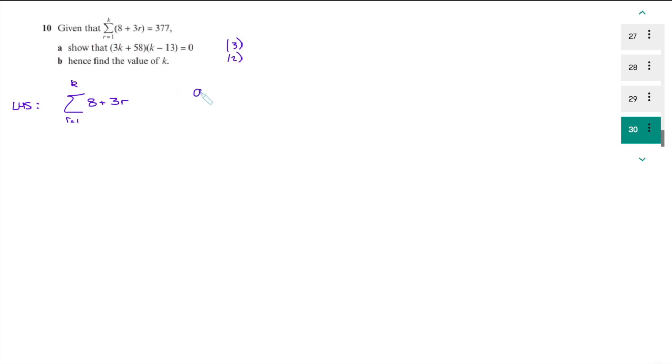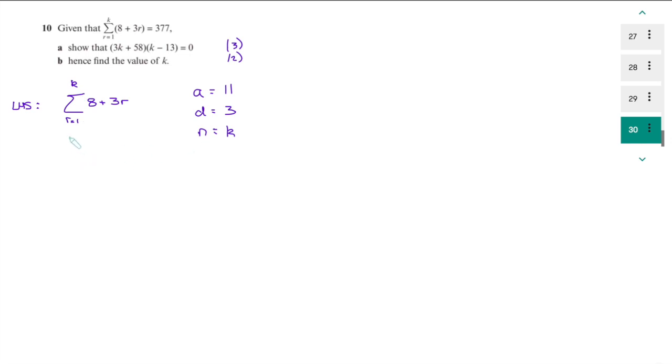We need to know A, D and N. A is the value of the first term, so we just have to pop R equals 1 in here. So A is 11. D is the common difference, what we're adding on each time. D equals 3, and N is the number of terms, so N equals K.